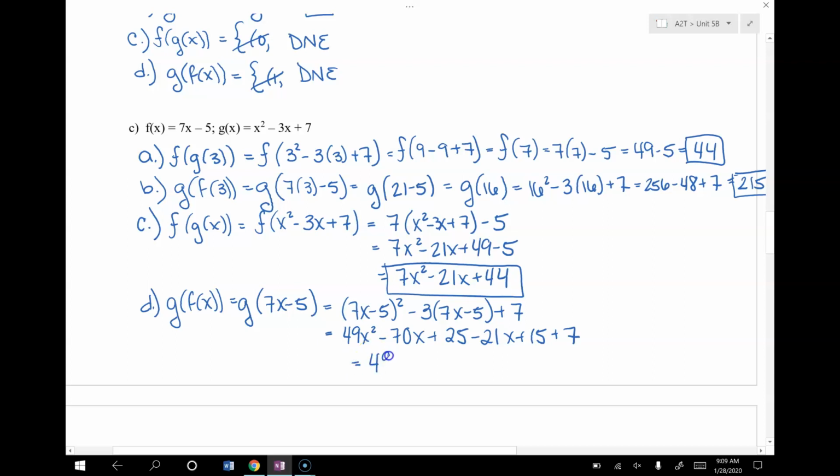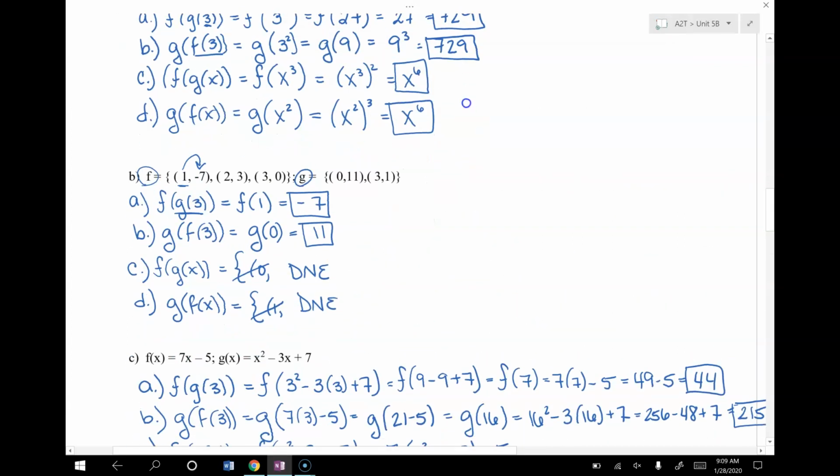So we get 49x squared, and then we have negative 70x minus 21x, we get minus 91x. 25 and 15 gives you 40 plus 7. All right, last step. Combine the 40 and the 7. So we get 49x squared minus 91x plus 47. Ta-da! And that's it. Nice job, guys.